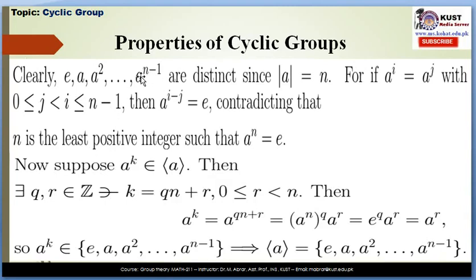That is, we assume some powers here are the same, then what happens? Then it would mean that a raised to i minus j is e. Definitely it contradicts, because n by definition is the least positive integer that produces e.